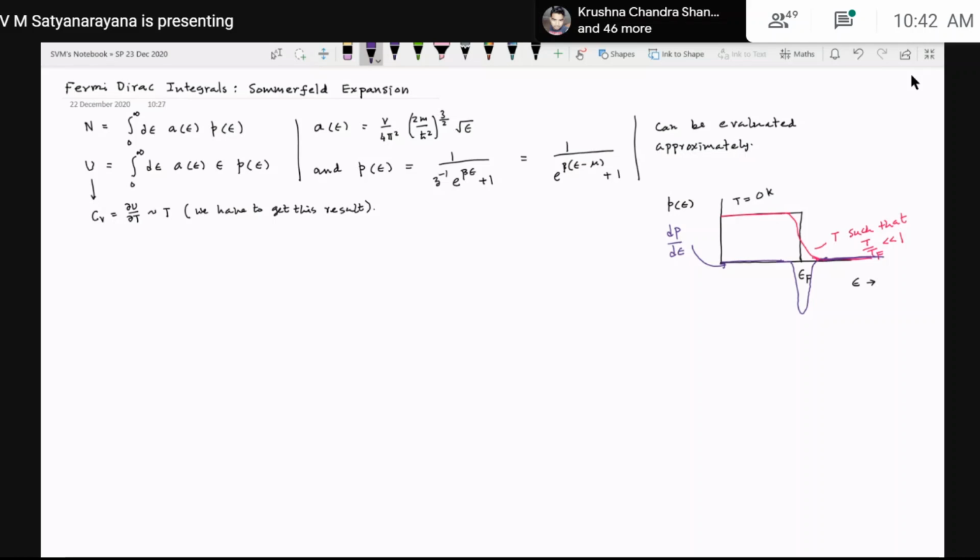Okay, and if I want to invert this one, I want a peak. I just plot minus dP by d epsilon.